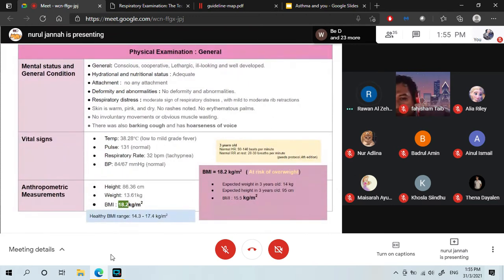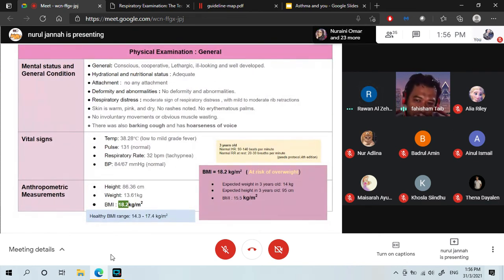Respiratory distress: showing moderate signs of respiratory distress with mild to moderate rib retraction. Skin is warm, pink and dry, no rash noted, no erythematous palms, no involuntary movement or obvious muscle wasting. Go ahead.